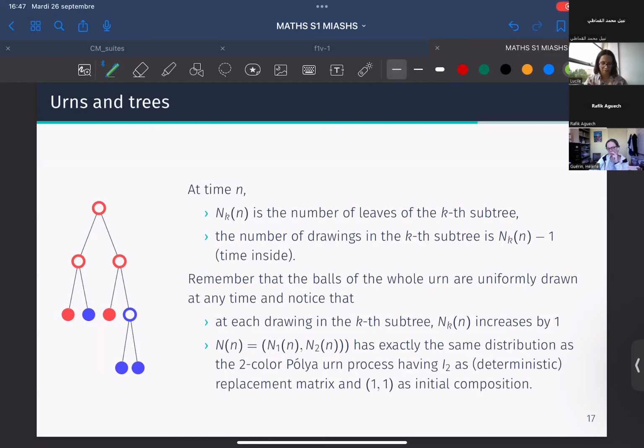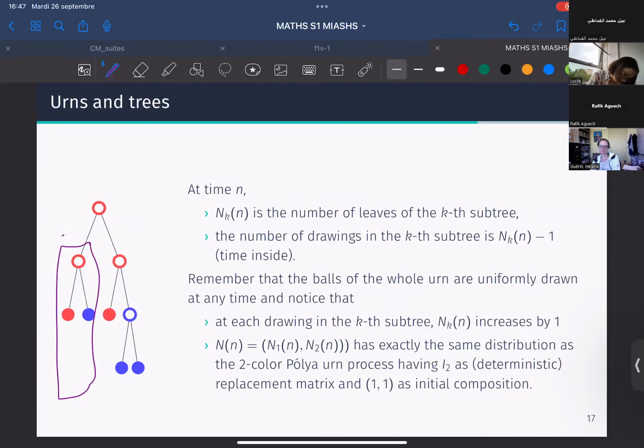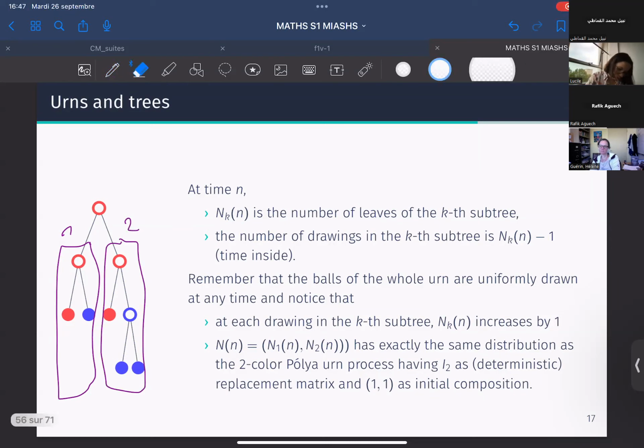And the way of knowing how many leaves are in each subtree is actually the same thing as looking at a basic polyurn, because if you say that the balls here are of type 1 and the balls here are of type 2, then every time you pick a ball, you add another ball and the ball stays of the same type.